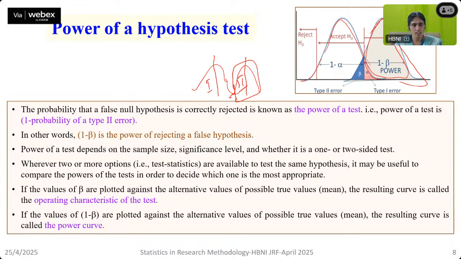Actually, these hypothesis test powers are used in order to come to a conclusion. If at all we are in a doubt which statistic to be applied in a particular situation, whether I should apply T statistic or Z statistic, for example, if we have around 25 to 30 data points, which one will be more suitable? That will be decided by this power factor, that is 1 minus beta.